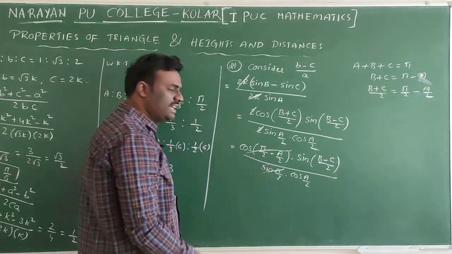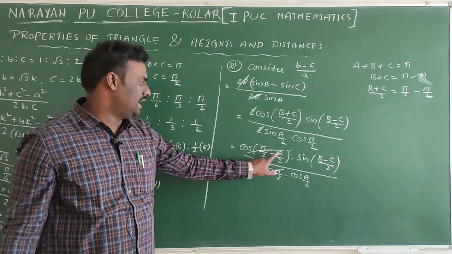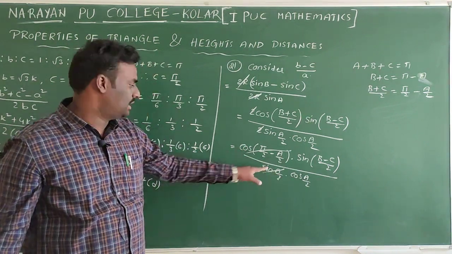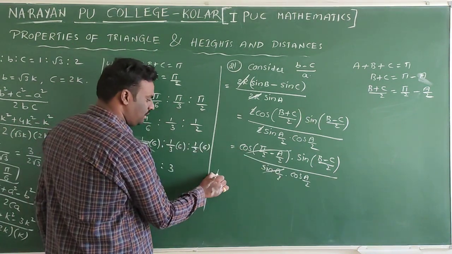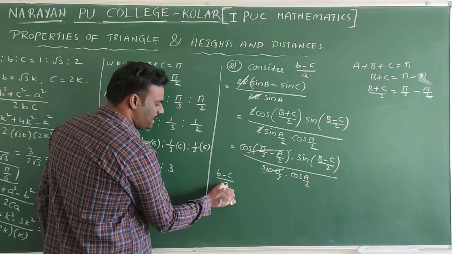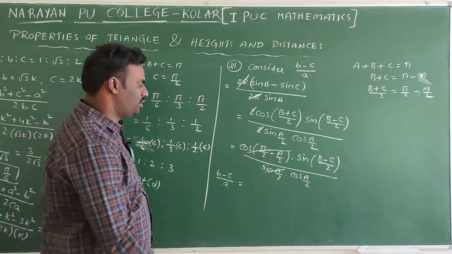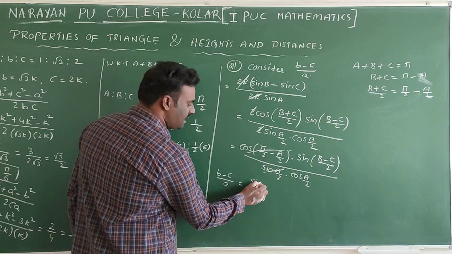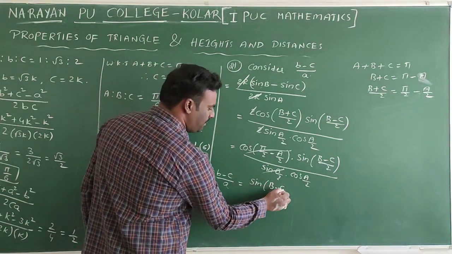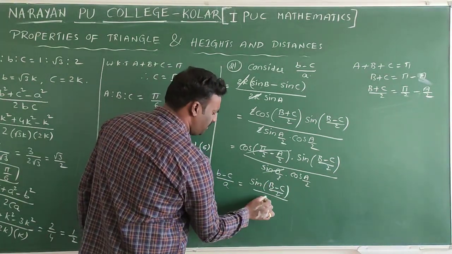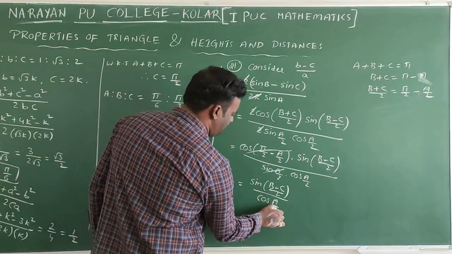These two cancel directly. Why? Because cos(90 − θ) is nothing but sin θ. The left side, what is the value? (B − C) by A is equal to, finally what you got? Sin((B − C)/2) by cos(A/2).